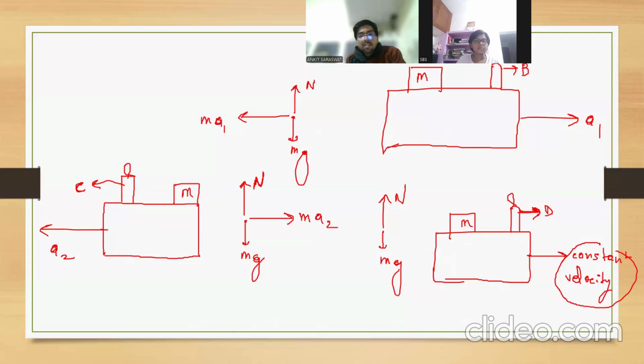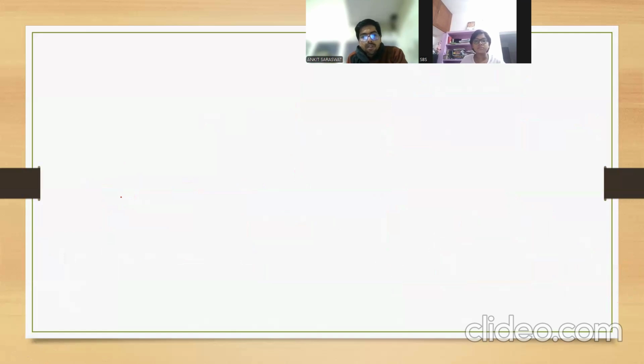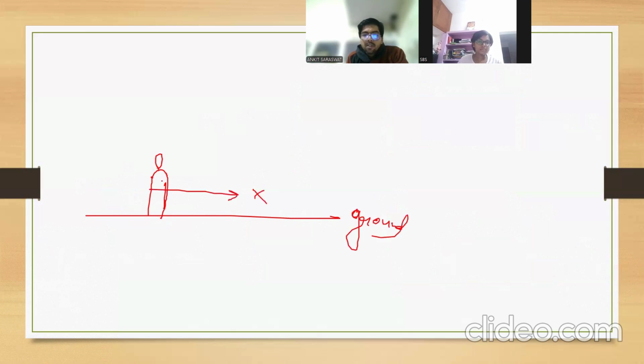Clear? And one thing I forgot: wherever the observer is, for example, standing on the ground, draw x and y there only, because according to him only I am telling which is positive, which is negative. Draw x and y there as well. In some books they write system of coordinate axis is frame of reference. Either you can say it's a name of location where observer is present, system of coordinate axis, or you can say it is a name of an observer, frame of reference.